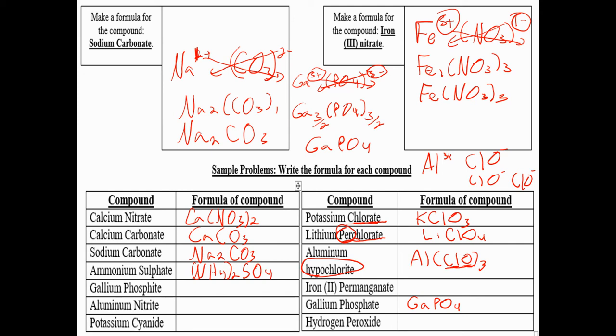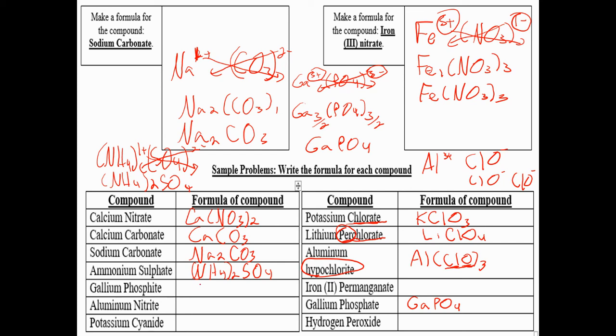What I would do for that one, just going to show you the work here, is you're going to have NH4, 1 plus, SO4, 2 minus, crisscross it, and you get (NH4)2 and then SO4 with a 1, but you don't need to write the 1 out there, so you can just drop that.